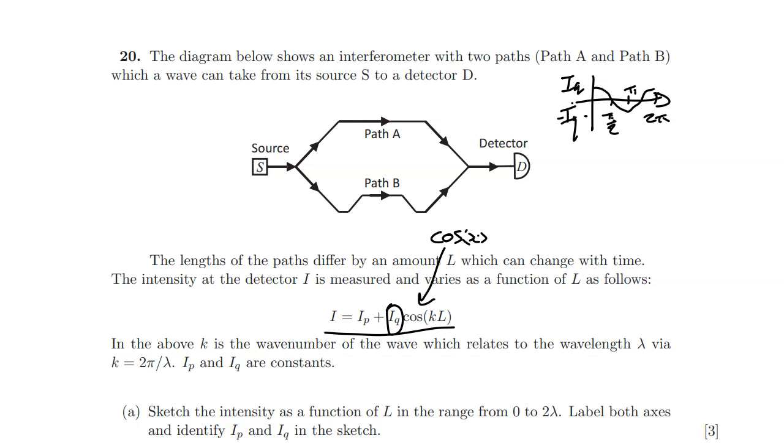Next, what does this IP thing do? That will shift the graph in the y direction by an amount IP. So it will transform the graph such that instead of being centered around y equals 0, it will be centered around some value which will be IP.